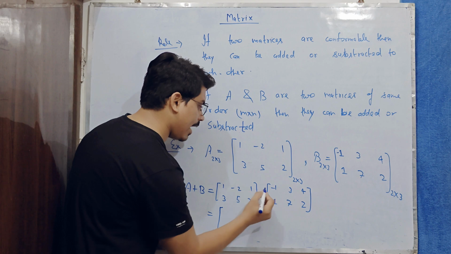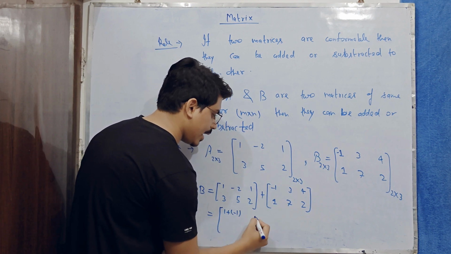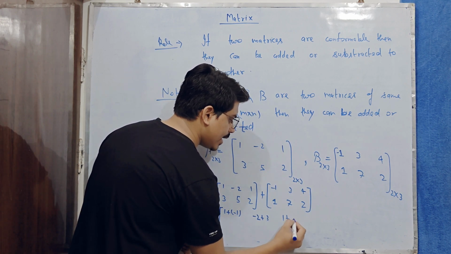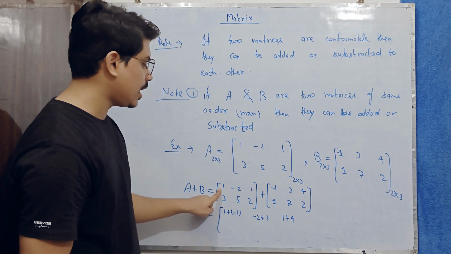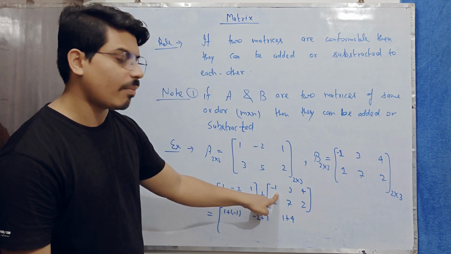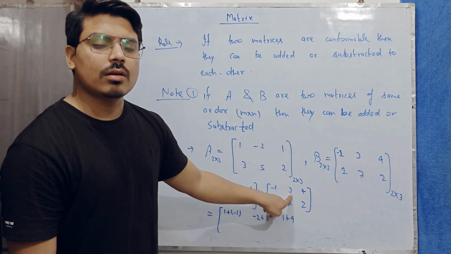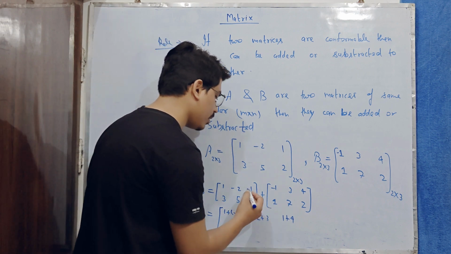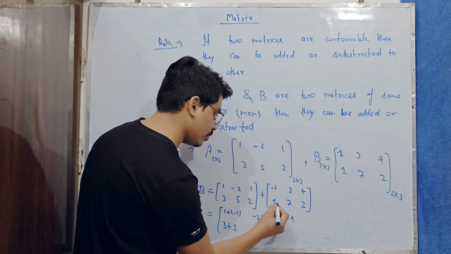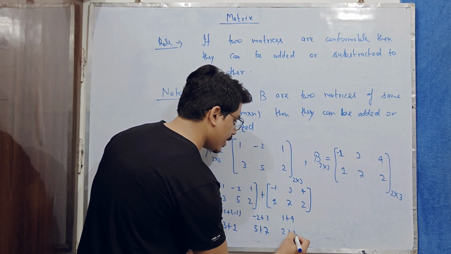Now 1 and -1 are added, and -2 and 3 are added, 1 and 4 are added, because the corresponding element in matrix B to 1 is -1, and -2 is corresponding to 3, and so on. 1 is corresponding to 4, and 3 is corresponding to 1, 5 is corresponding to 7, 2 is corresponding to 2.